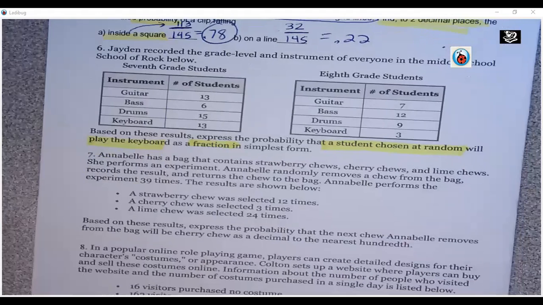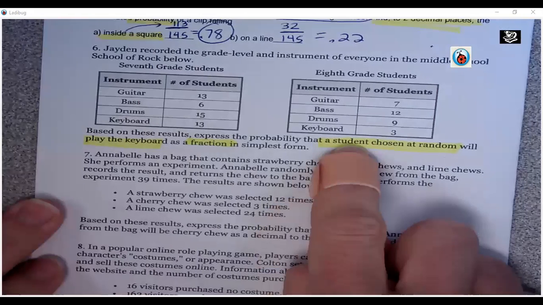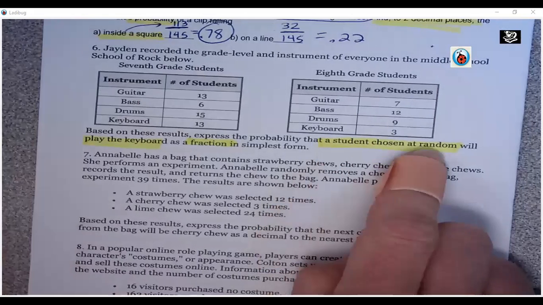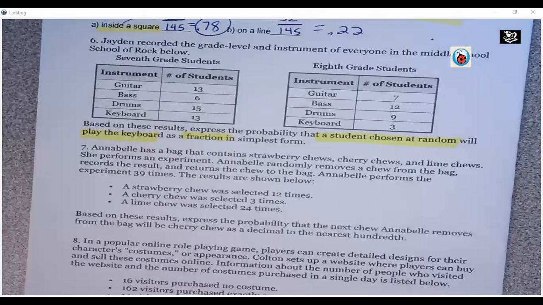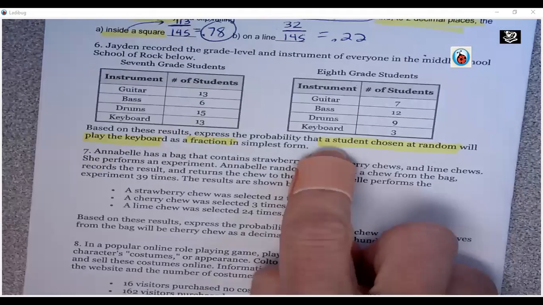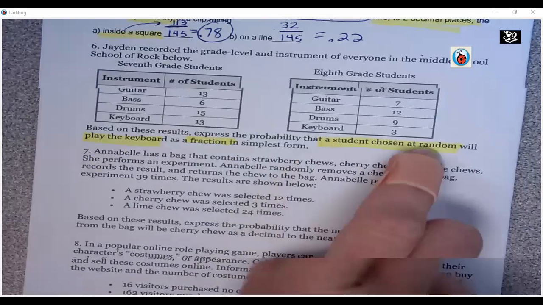Okay. So we are choosing a student at random. So are we choosing from the 7th grade, 8th grade, or everybody? Everybody. Good, we're choosing from everybody. It just says a student chosen at random.